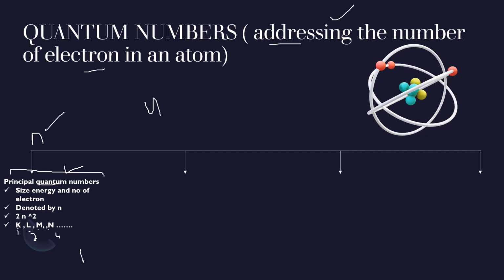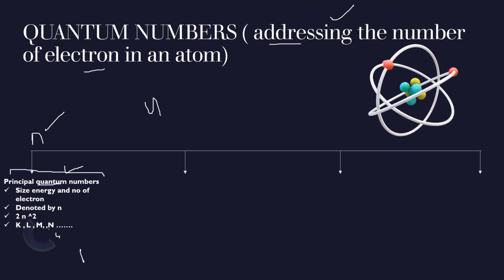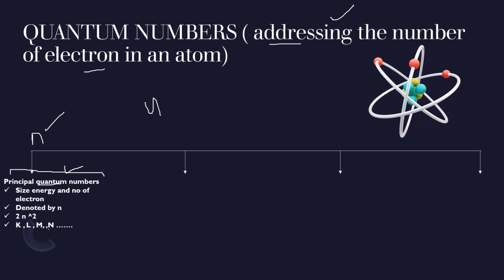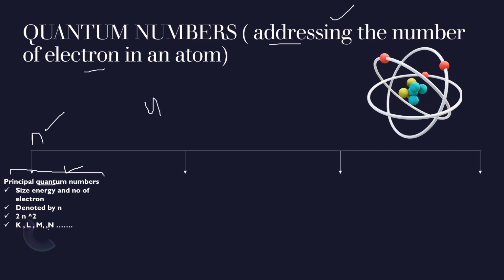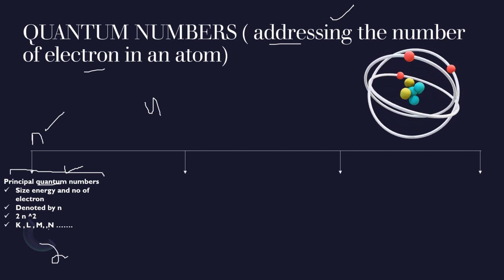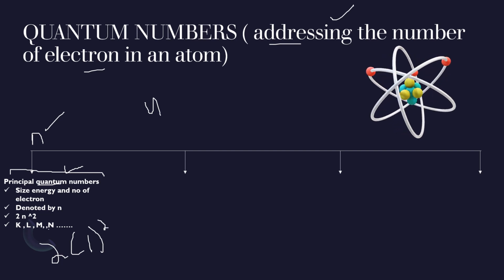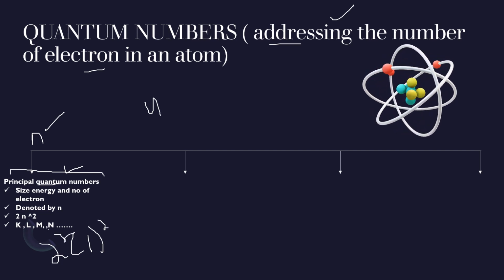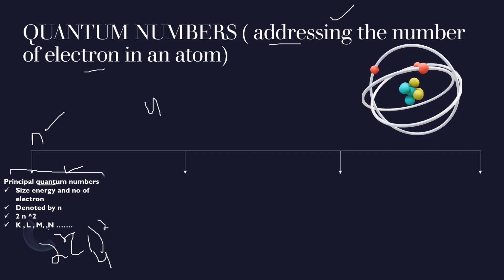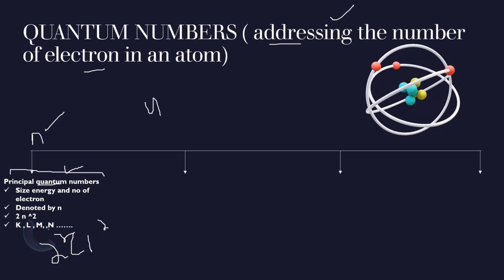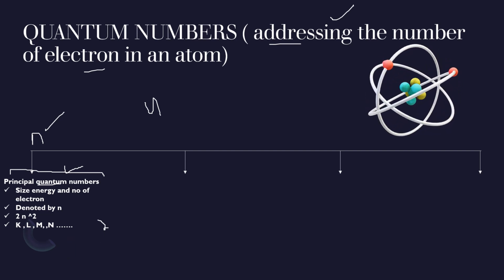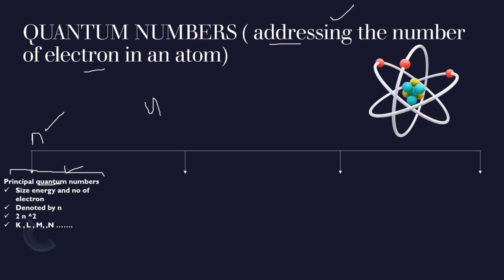Like, which shell is this? It is the K shell, the first, the M shell, second, third, in this way. So we put 2, 1, and square of that. 2 times 1 is 2, and the square of 2 is 4. So here the number for the principal quantum number is 4.